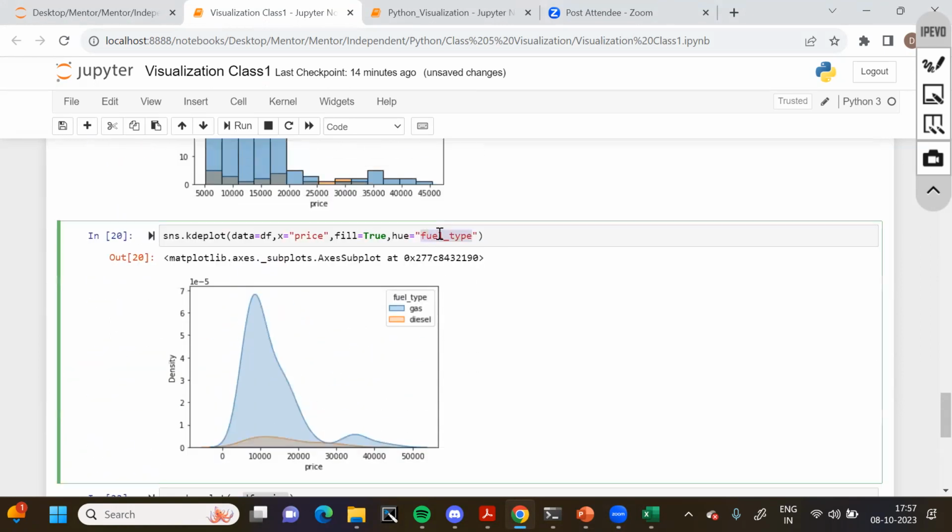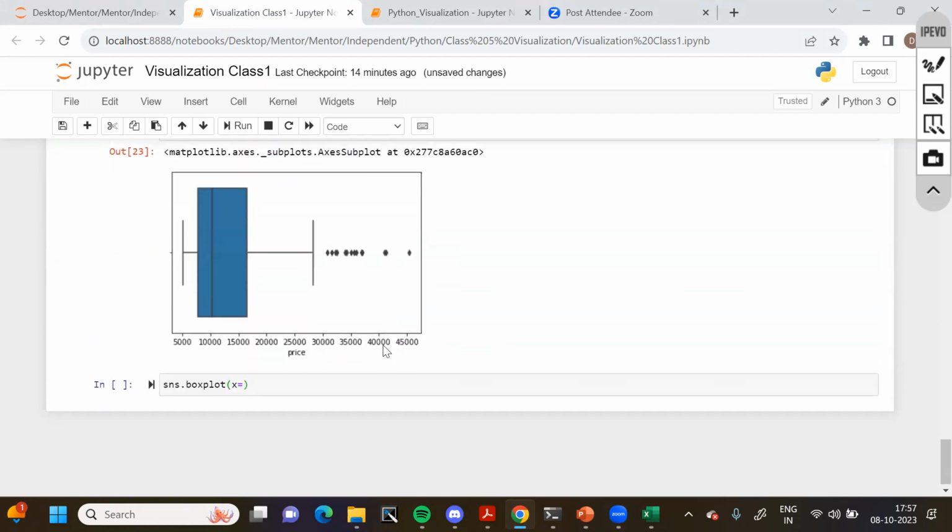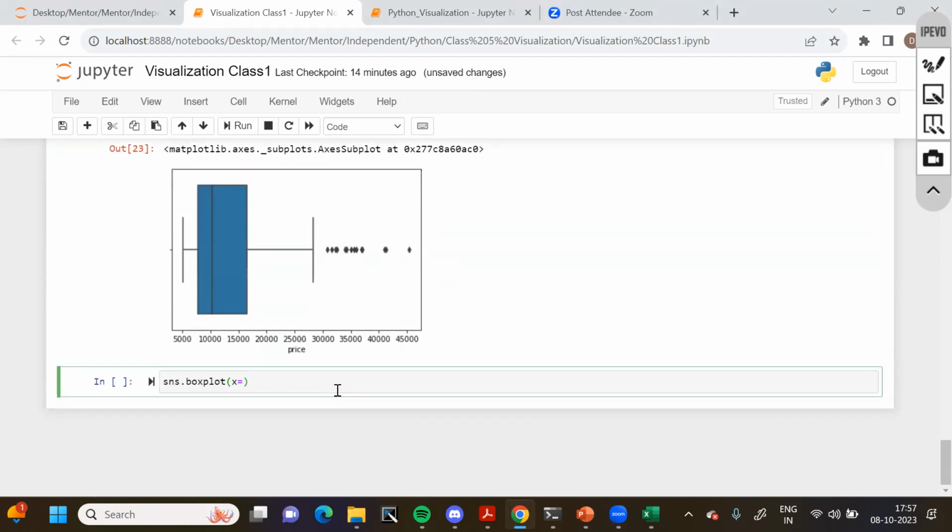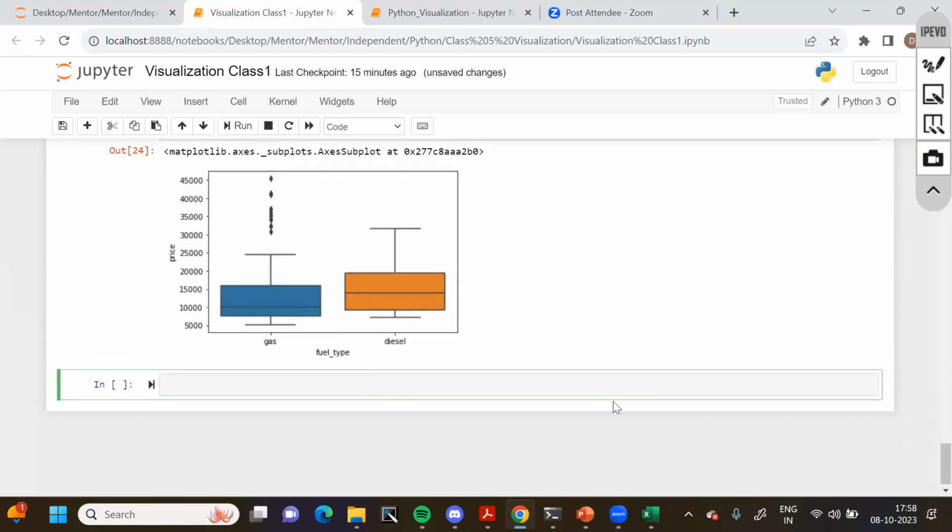It was fuel type. I'm doing x equal to df dot fuel type and y is equal to df dot price. It gives you a very good comparative analysis. Now this is what it is showing to you.